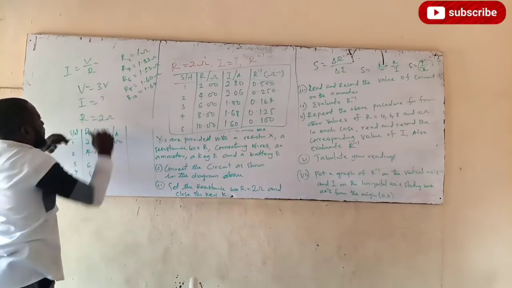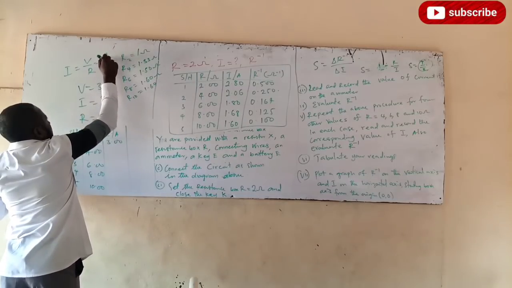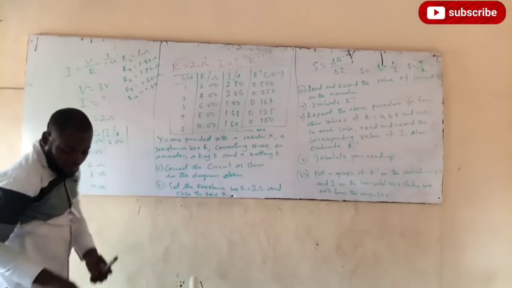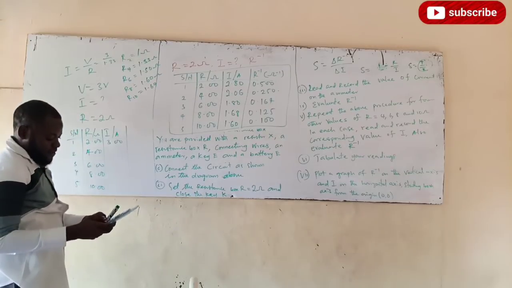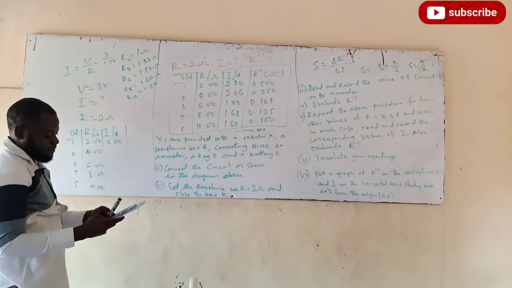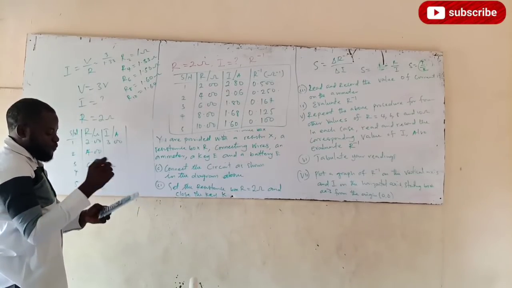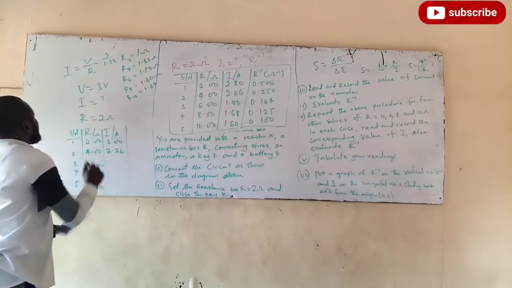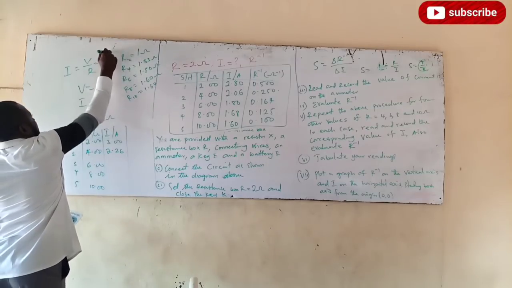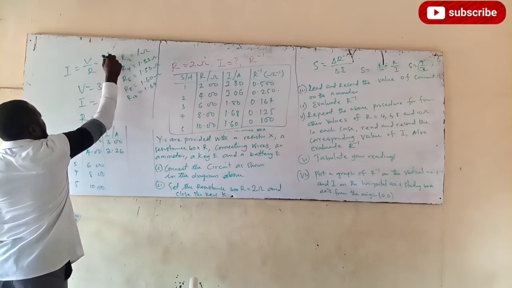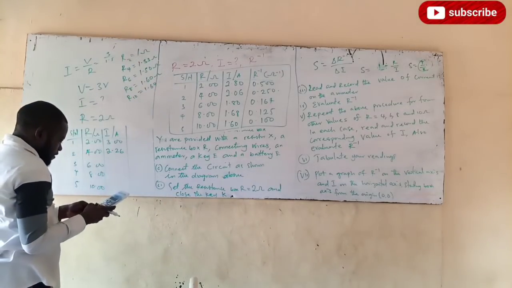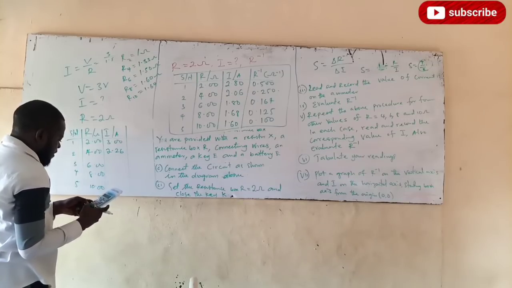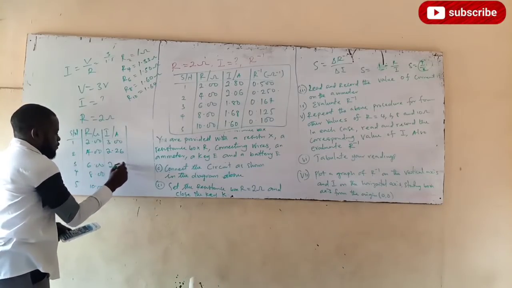3 divided by 1.33. What are we going to have? 3 divided by 1.33, our result is 2.26. Then the next one, 3 divided by 1.5. Our result is 2.00.